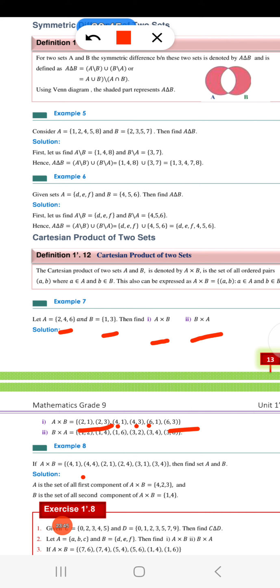B cross A = {(1,2), (1,4), (1,6), (3,2), (3,4), (3,6)}. This is the Cartesian product. It is called Cartesian product.